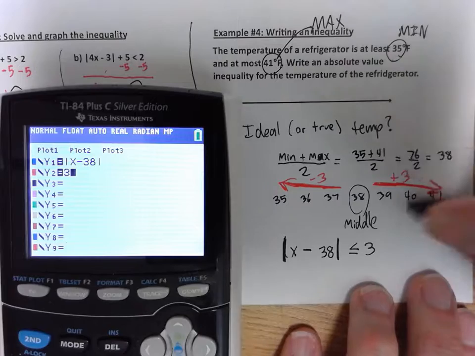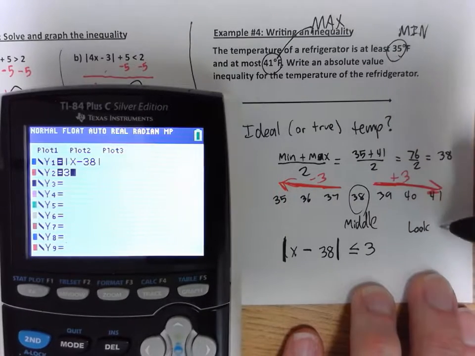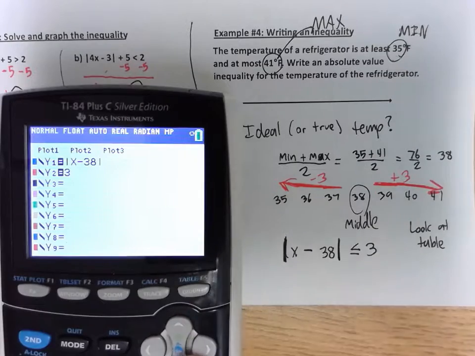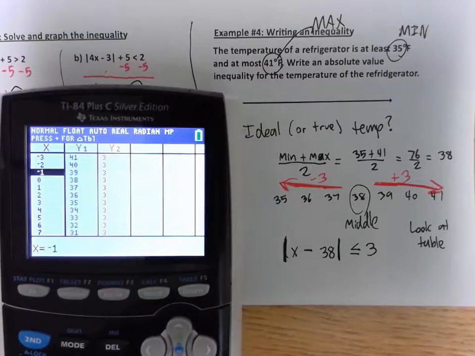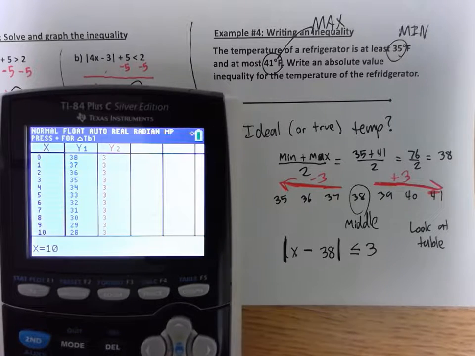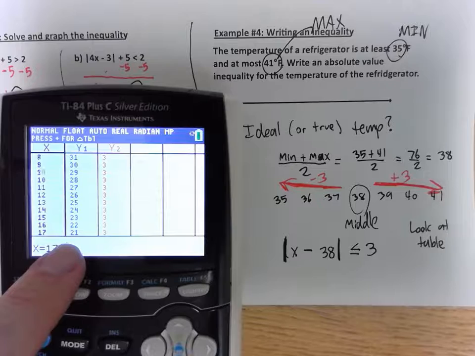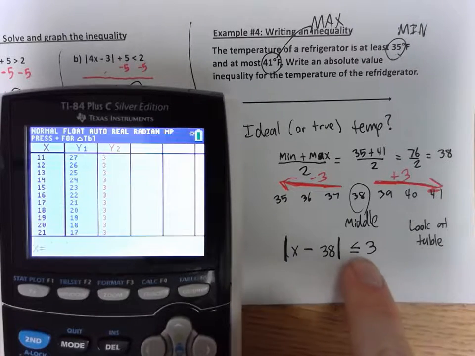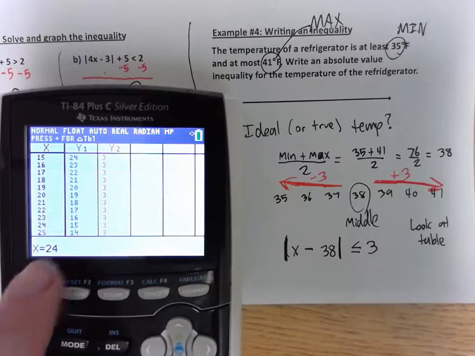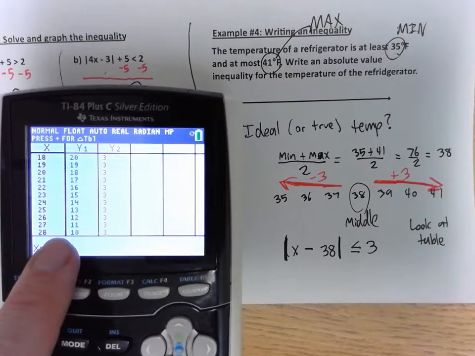Look at the table, second graph. If I scroll down, look at the y value. We want to get that to be a number less than or equal to 3.